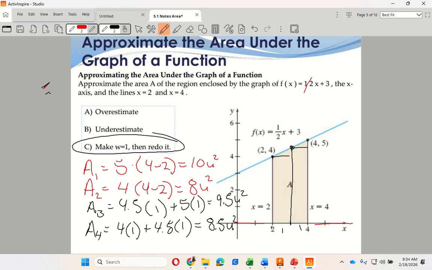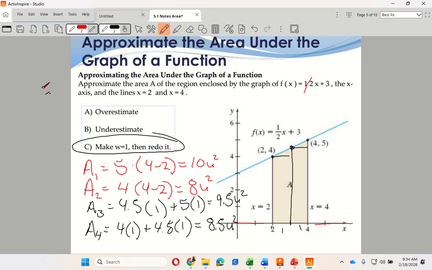Which ones, in general, do you think are closer to the actual value? Because the actual value is 9. So you're saying which ones are closest? The 3 and 4, right? Yeah. Okay.